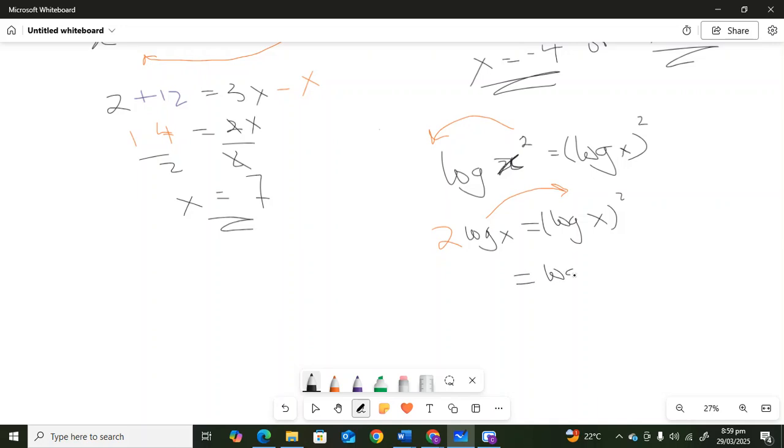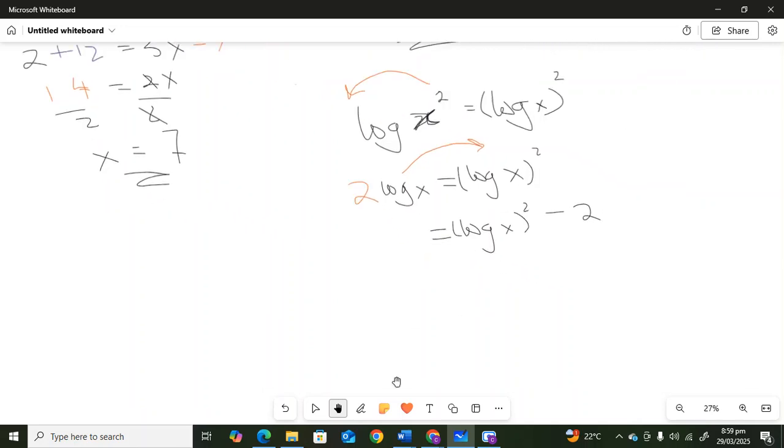So you're going to have log x squared minus 2 log x, basically equal to 0.